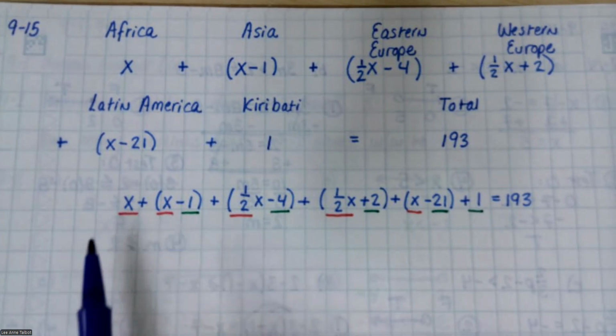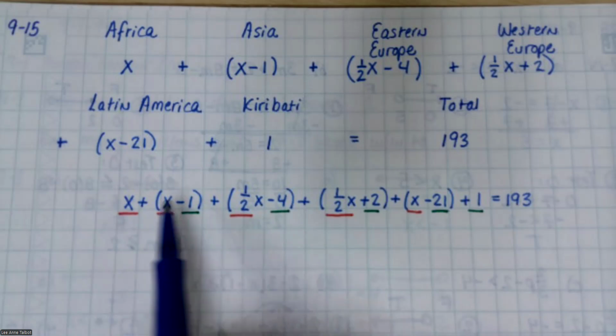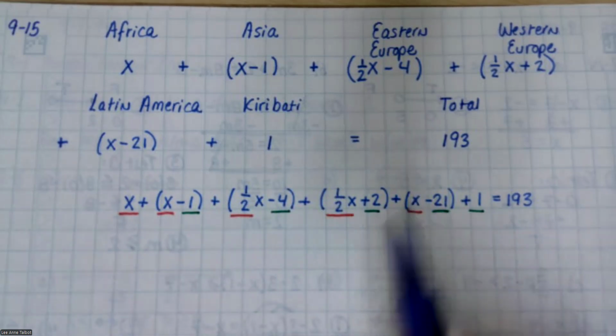Okay, so how many X's are there total? 1, 2, 3, 4. 4X.